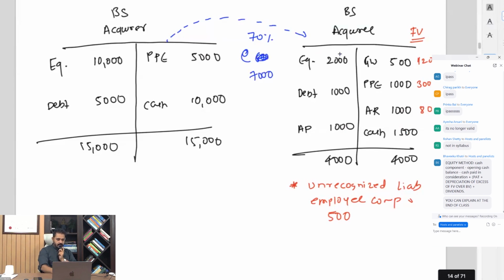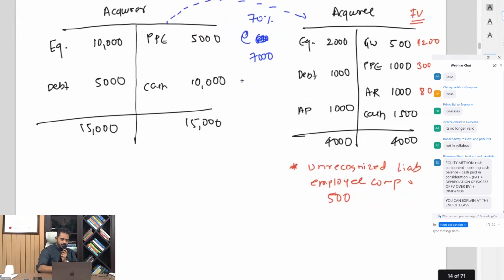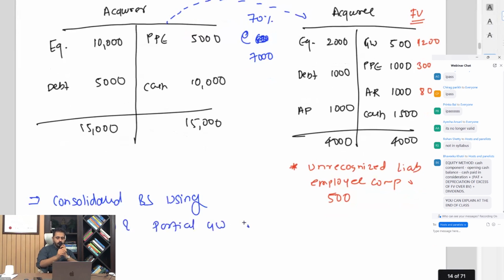So now the acquisition has happened at 7,000. Now what I want you to do is consolidate the balance sheet and prepare a consolidated balance sheet, and you have to do it twice, using full goodwill and partial goodwill. You're going to do this 2 times. Full goodwill, partial goodwill, the entire consolidation.